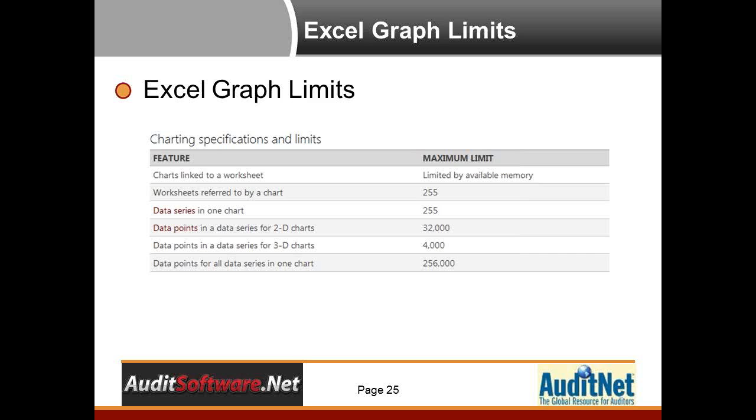For the most part, you can't exceed 32,000 in a 2D chart. So if you're doing a scatter graph, like we'll do in a minute here, you'll see how that comes up. And ultimately, you can keep adding additional data series, which is what we're going to do.